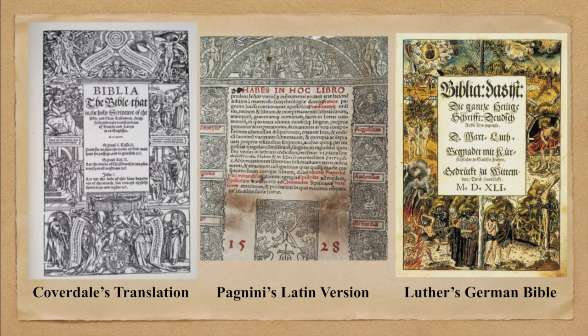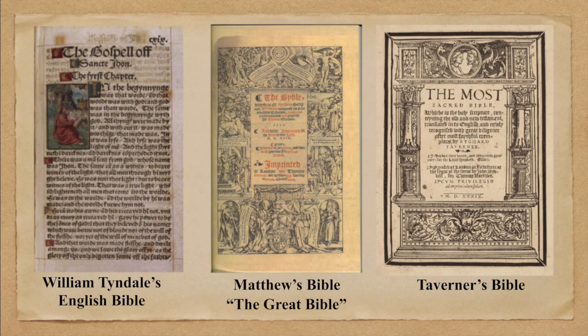These were then followed by the Coverdale's translation, which was based upon the Latin Vulgate, Paganini's Latin version, Luther's German Bible, and 2 editions of William Tyndale's English Bible in 1535. This was followed by the Matthew's Bible, which combined the Tyndale and Coverdale Old Testaments with the 1535 revision of Tyndale's New Testament to make another version in 1537.